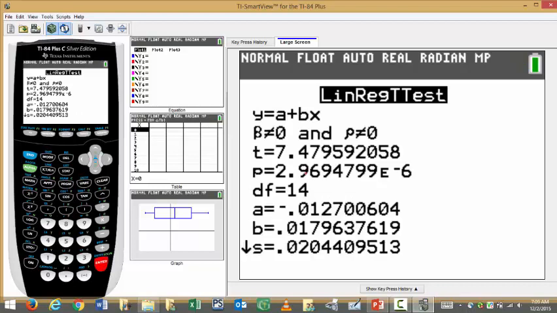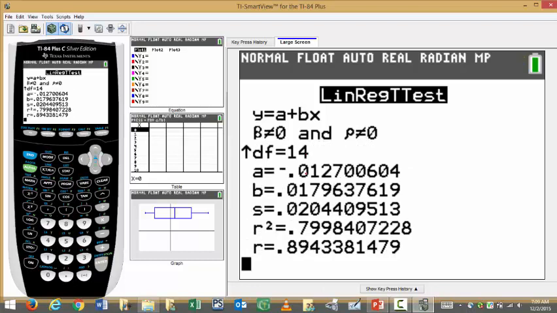But right here we can see there's your t-value, 7.48, as we saw in the slideshow. You said the p-value is essentially 0, and if you look, 2.969 times 10 to the negative 6, that's 0.000003. That's essentially 0. Here's your information on the line of best fit, a equals negative 0.013. There's your b, 0.018.